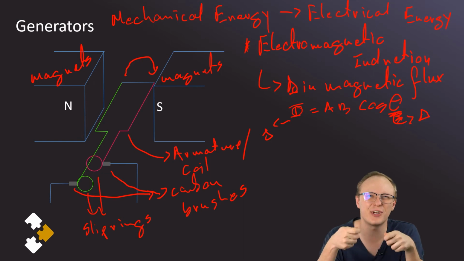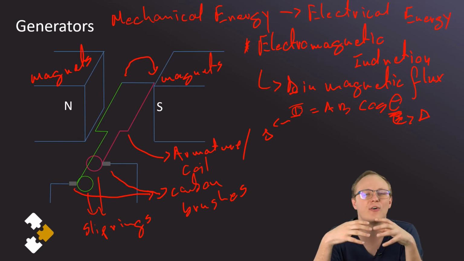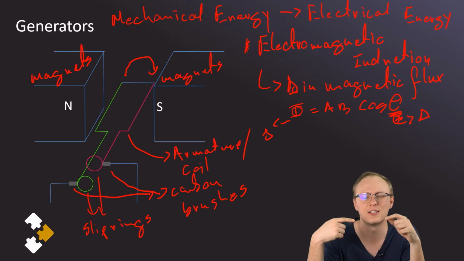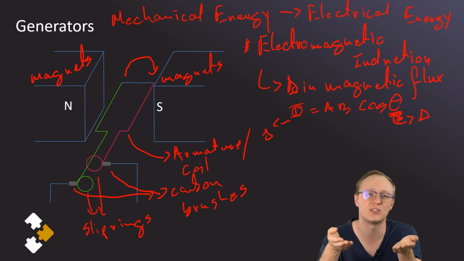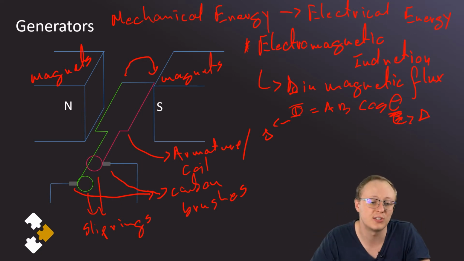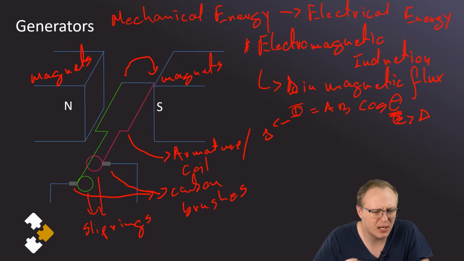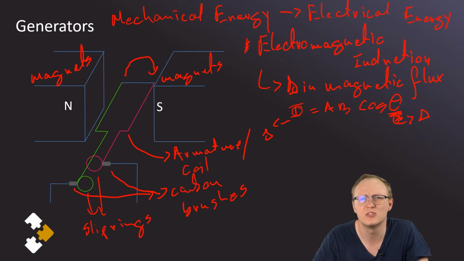And if there's less friction, it means less of our energy is going to be wasted just trying to rotate the thing against friction, and more of it is going to be turned into electrical energy. The other reason is that to replace the slip rings themselves is a little bit more expensive than it would be to just replace the carbon brushes. So by using the carbon brushes that are made of the softer graphite, the brushes wear away over time rather than the slip rings.